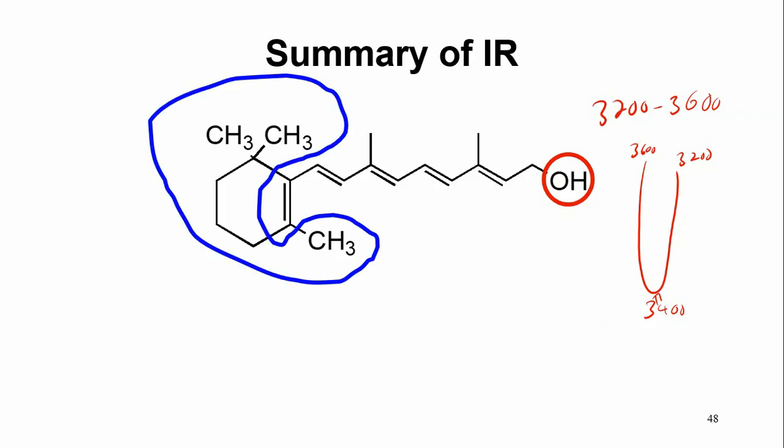Where would you find those? To the right. To the right of what? 3000. And the number you're given in the spectrum will be 2800 to 3000. The way the spectrum is set up, this is right at 3000, big peak.